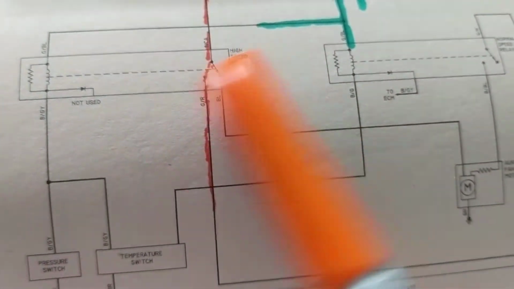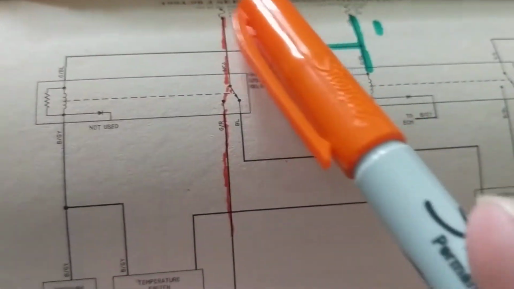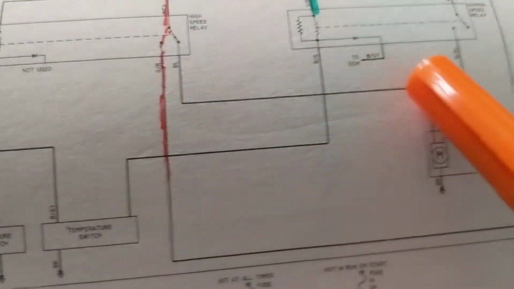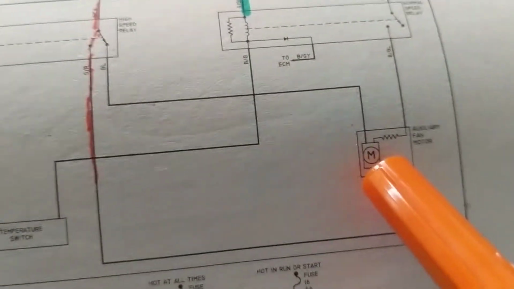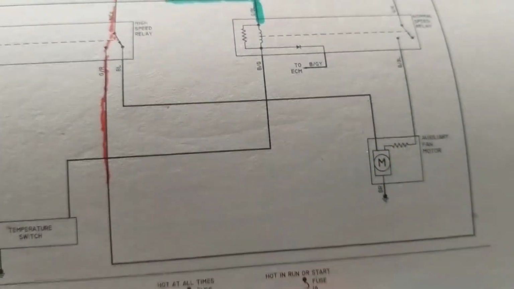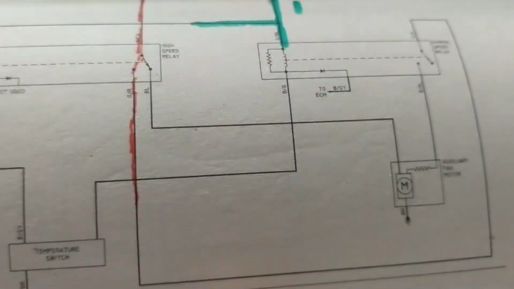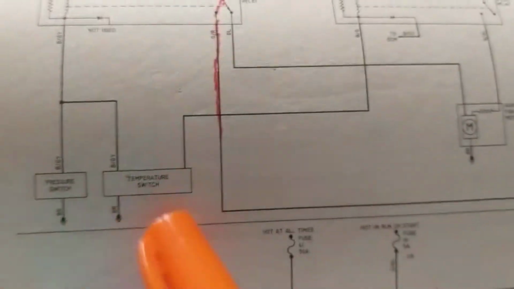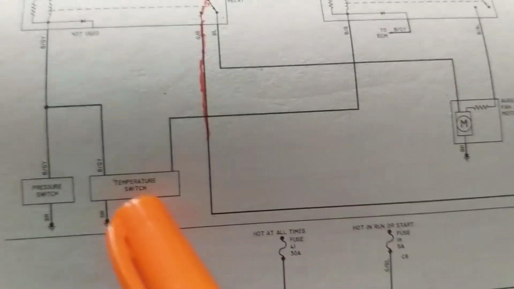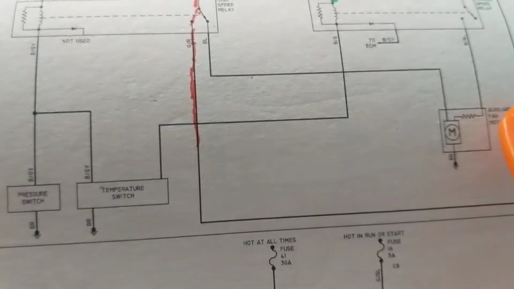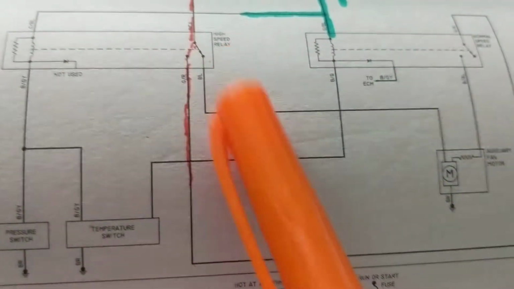Therefore, at high speed, this is not being activated, this is not being pulled in. Therefore, what happens? The current flows here, here, here, and you get full voltage across the fan motor, giving it high speed. How does it know? Right here, temperature switch. Talking to the computer, talking to this, activating this.